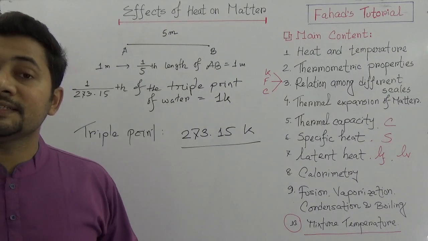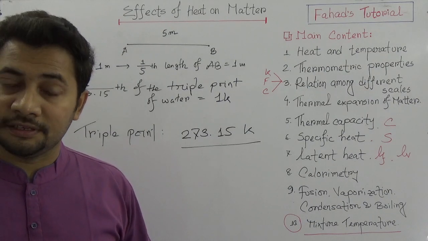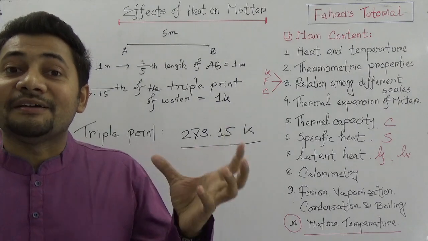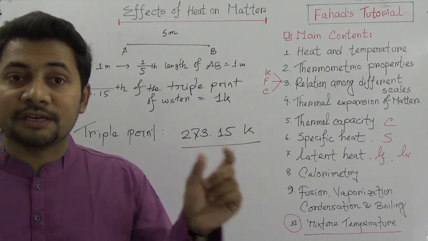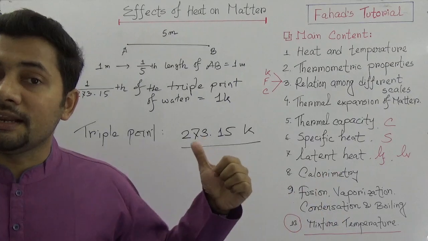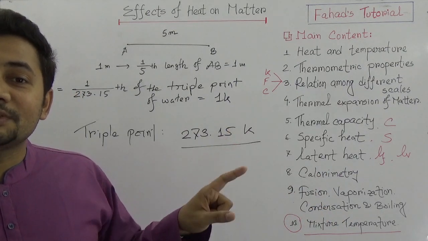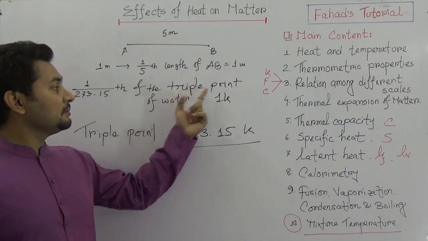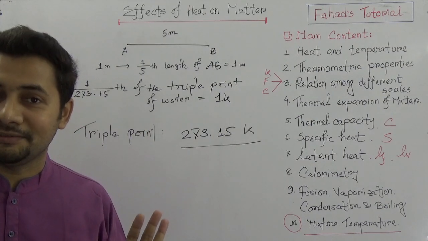I hope you now know the definition of 1 calorie and of 1 Kelvin. 1 calorie is the amount of heat required to increase the temperature of 1 gram of water by 1 degree Celsius. And 1 Kelvin is 1/273.15 of the triple point of water.